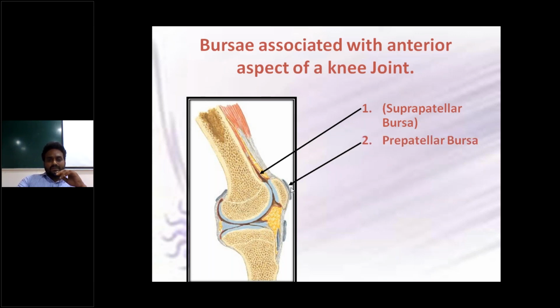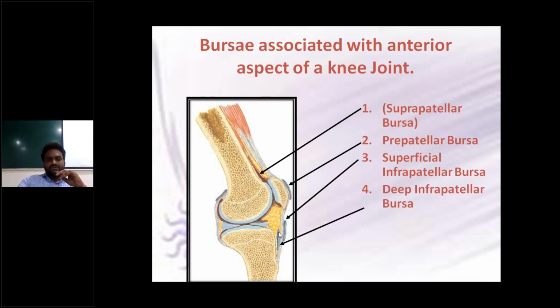Second, prepatellar bursa, in front of the patella bone. Third, superficial infrapatellar bursa, in front of the ligamentum patellae. Fourth, deep infrapatellar bursa, deep to the ligamentum patellae. So these are the 4 important bursae anteriorly related to the knee joint.